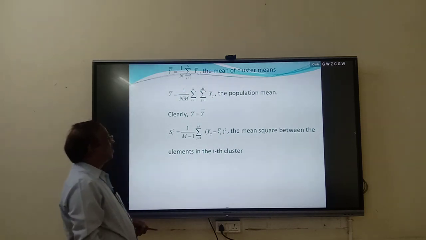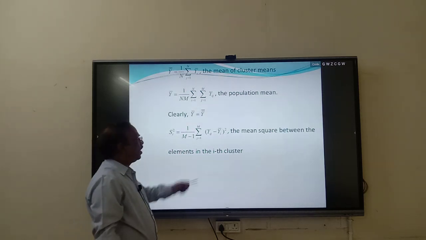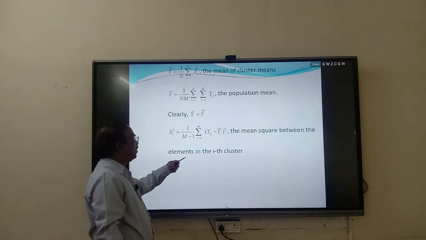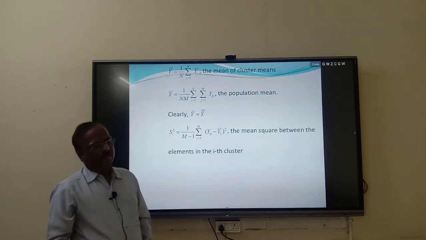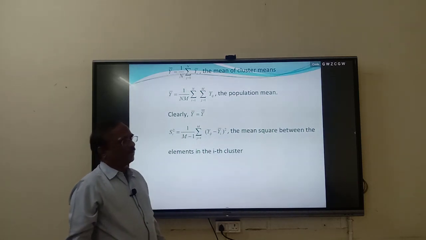Now we define the mean square error between elements in the ith cluster.